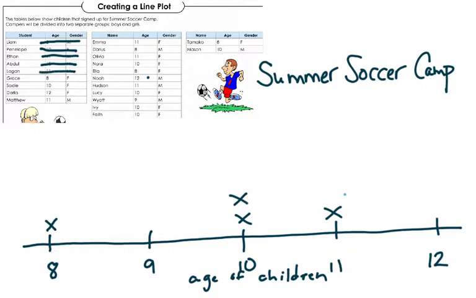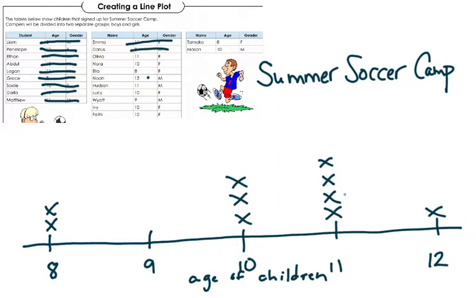Logan is 11. Grace is 8. Sadie is 10. Darla is 12. Matthew is 11. Emma is 11.